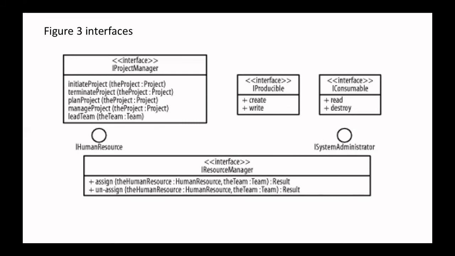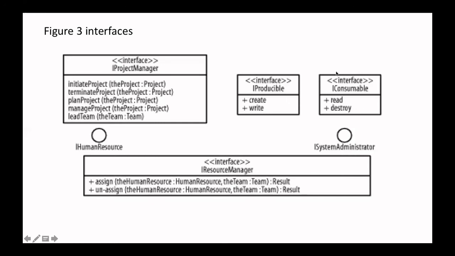Here we mention project manager, resource manager, producible and consumable. Producible means a class which operates to create something or write something, because we are talking about producing something we are going to develop.